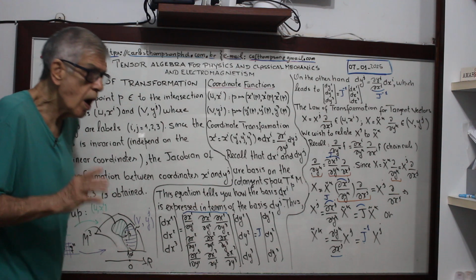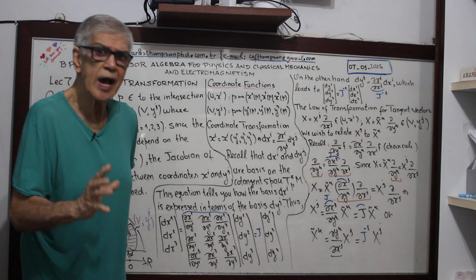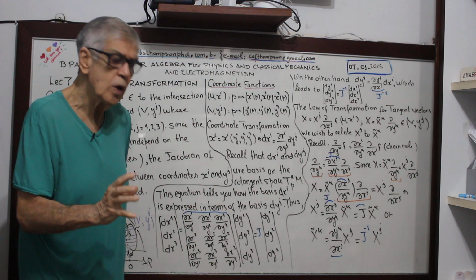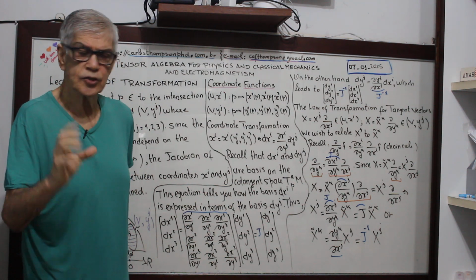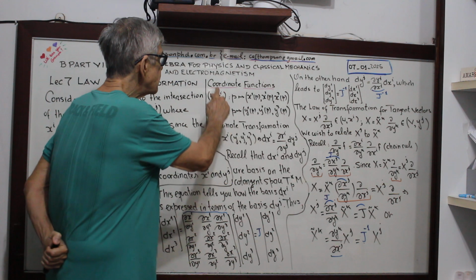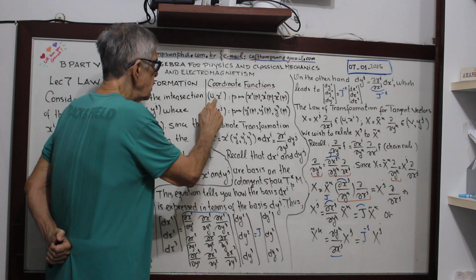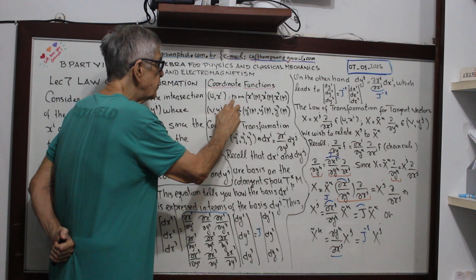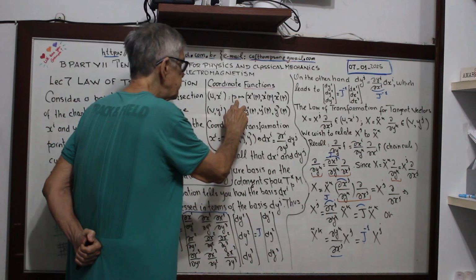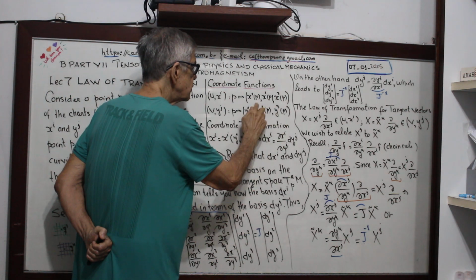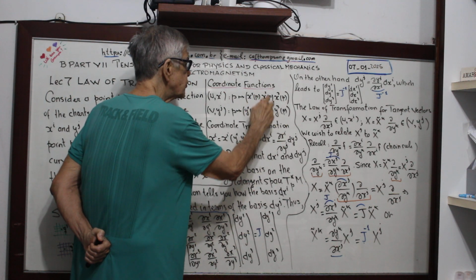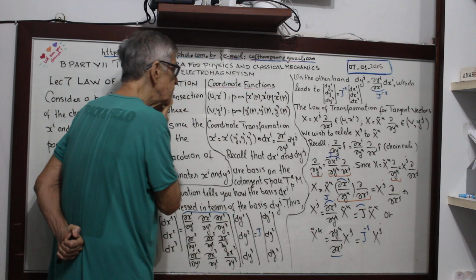I would like to emphasize, to recall, that I always say coordinates are functions. So let's take coordinate functions. That's the chart U, x^i. P here can be represented as the coordinates x1p, x2p, and x3p.